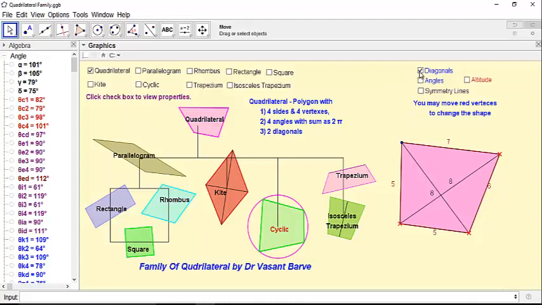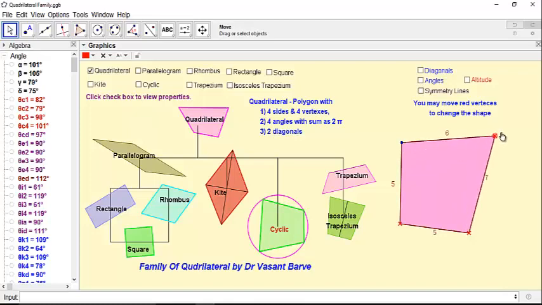Now, one more property of this quadrilateral is that it can have any shape, in the sense, supposing I move this anywhere, all these are quadrilaterals. I can move any of these and still this will be a quadrilateral.